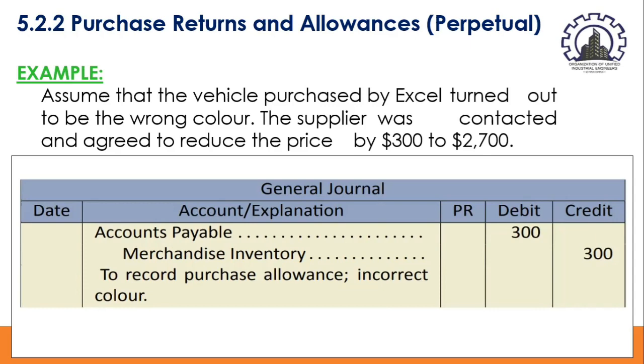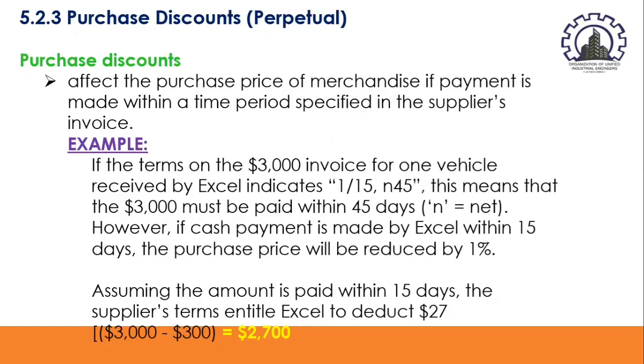On the other hand, we have purchase discount, still applying the perpetual method. Now, a purchase discount affects the purchase price of merchandise if payment is made within a time period specified in the supplier's invoice. In order for us to better understand what a purchase discount is, let me give you an example.